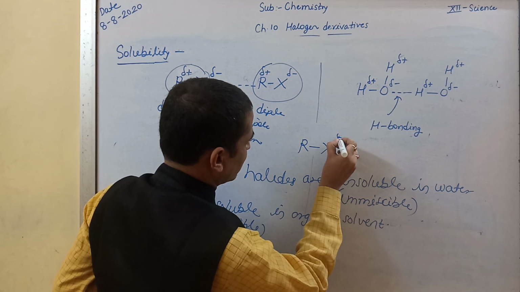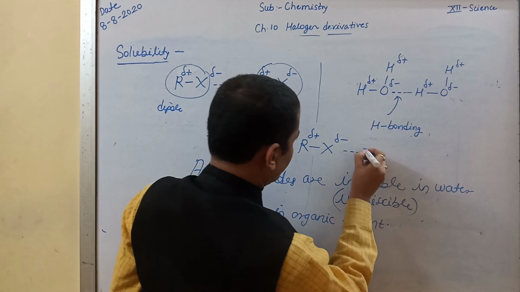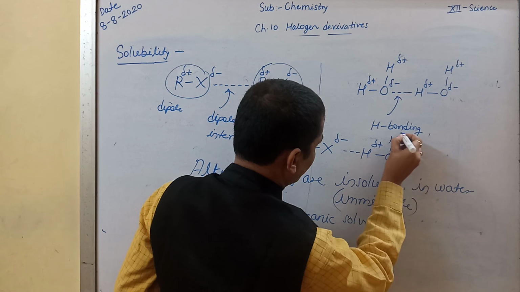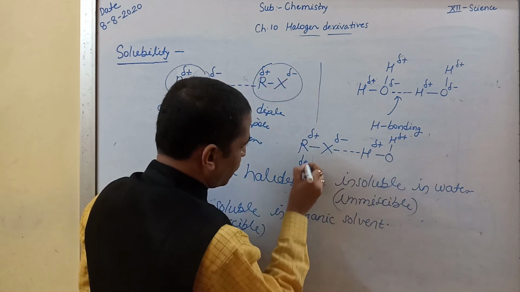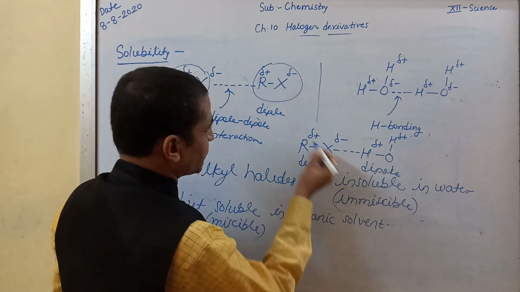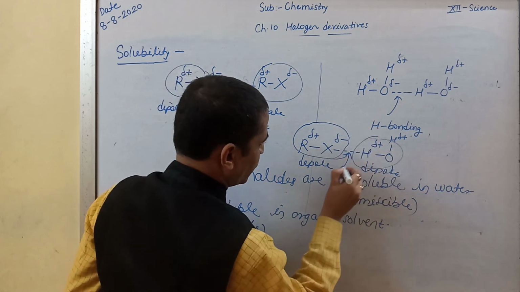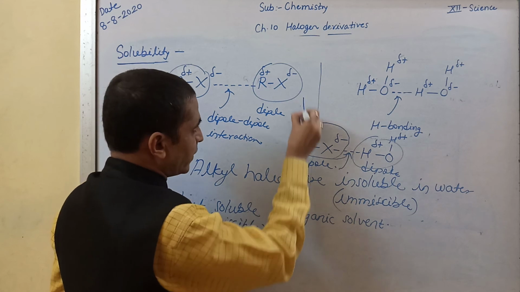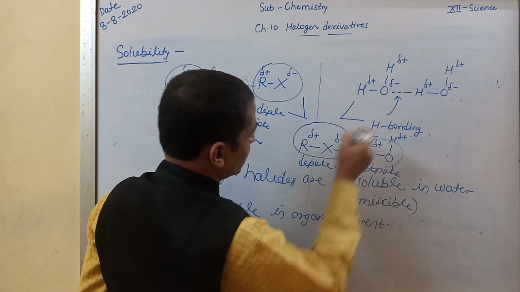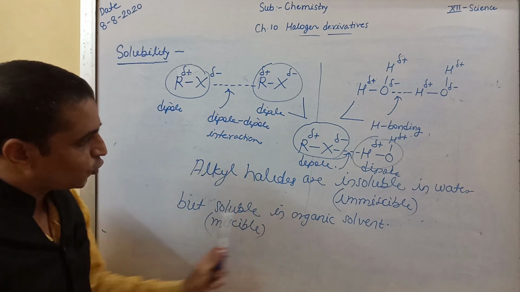R-X, see, this is a dipole and this is also a dipole, but this dipole-dipole interaction is weaker than the hydrogen bonding, which is much stronger than this, and therefore alkyl halides are insoluble in water but soluble in organic solvent.